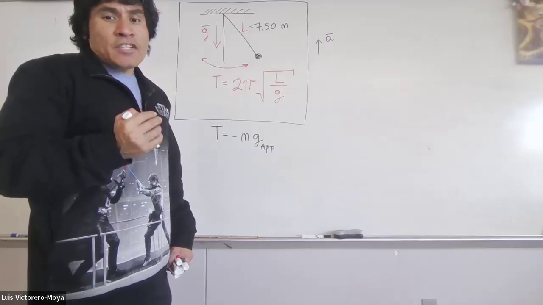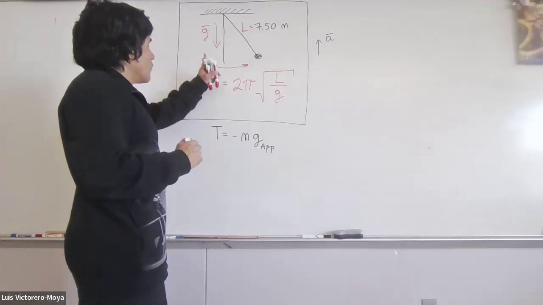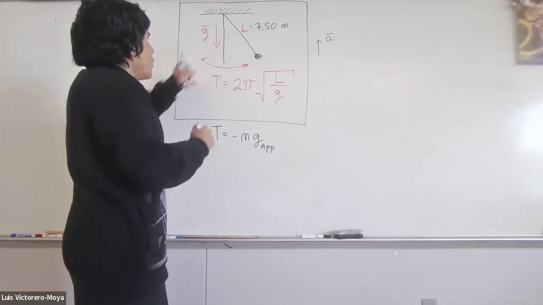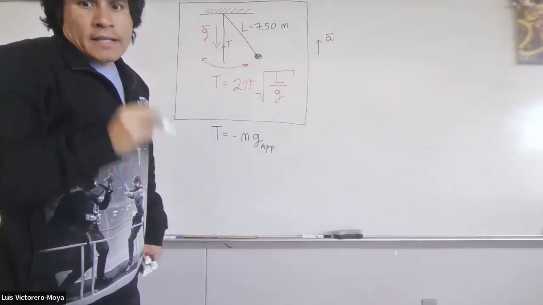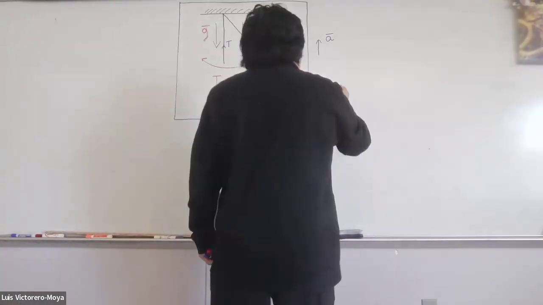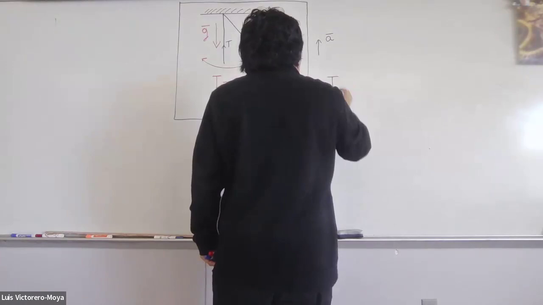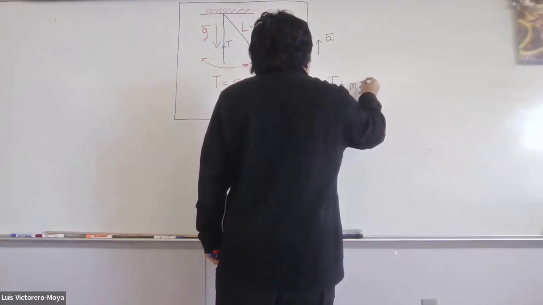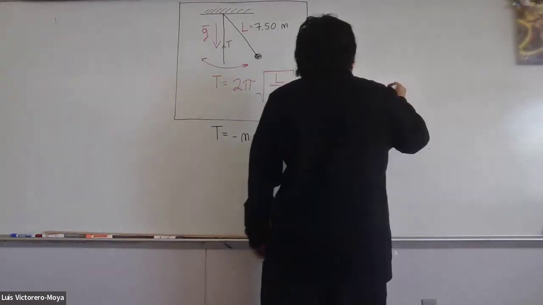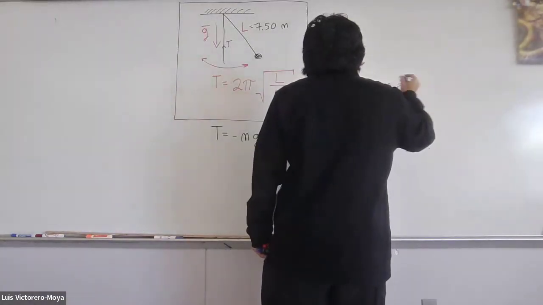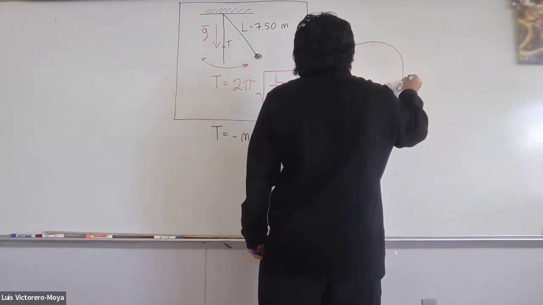Now, if there is acceleration, you have T going up, here the tension. All right? Then T plus mg equals ma, where that's the acceleration here.